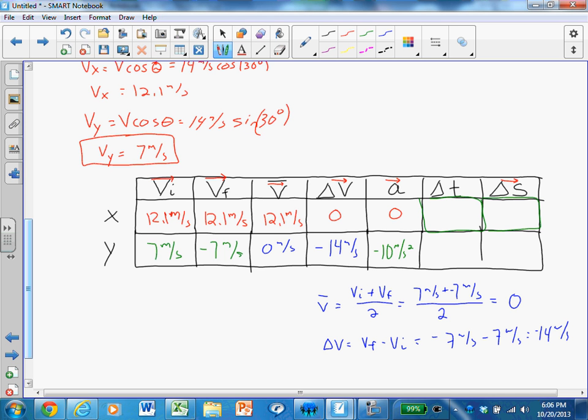That's a change of minus 14 meters per second. So our delta t in the y direction would be delta v over a, which would be minus 14 meters per second over minus 10 meters per second squared, which is 1.4 seconds.